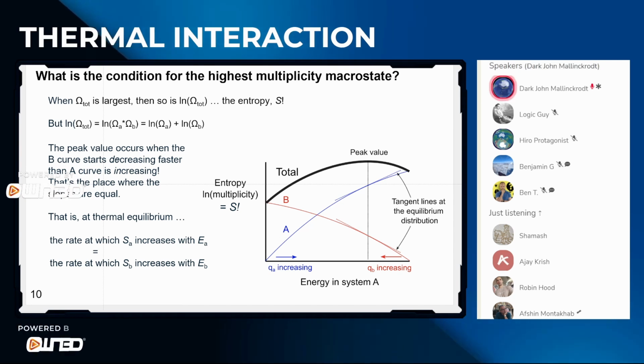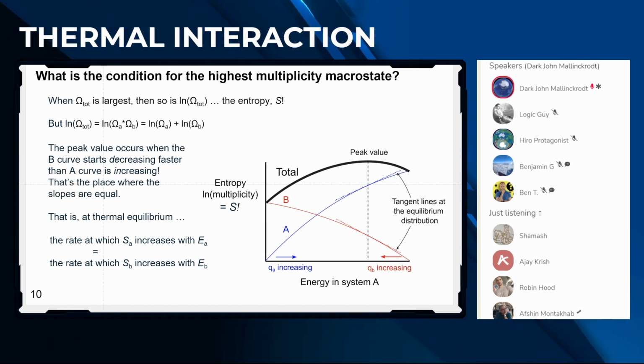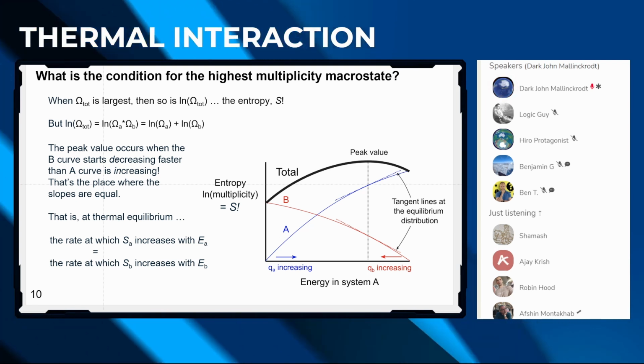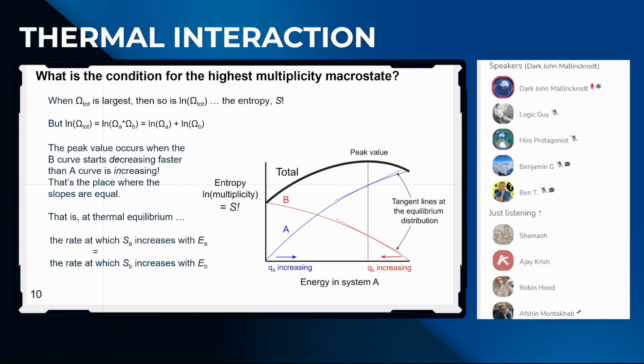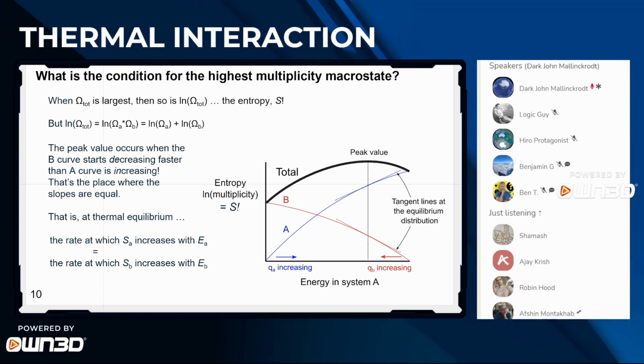When omega total is largest, then of course the natural log of omega total is largest, because the natural log always takes a bigger number into a bigger number. If I have two numbers and I take the natural log of them, the one that's bigger will have the bigger natural log as well. So I can talk about omega itself being largest, or the natural log being biggest.